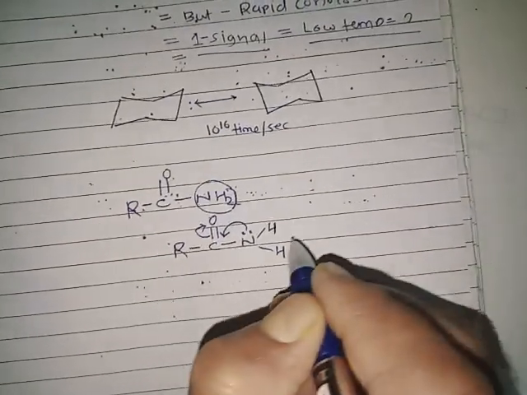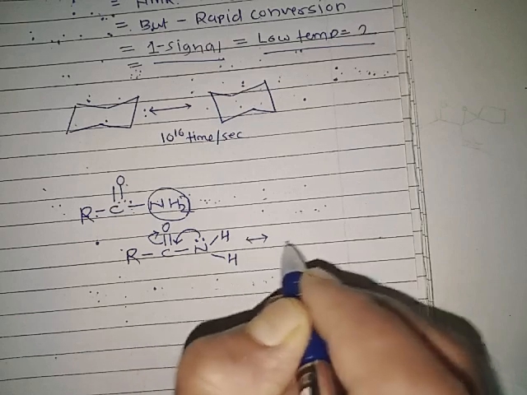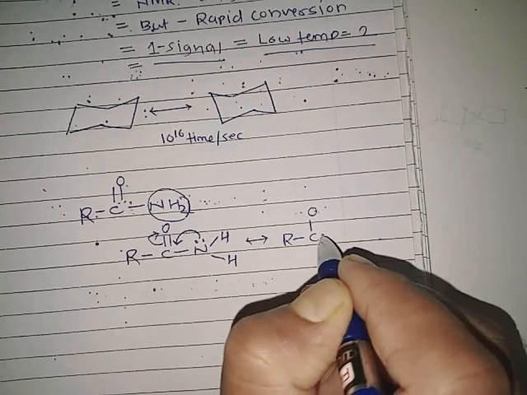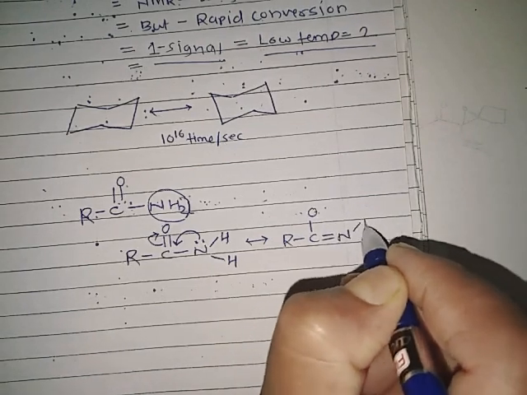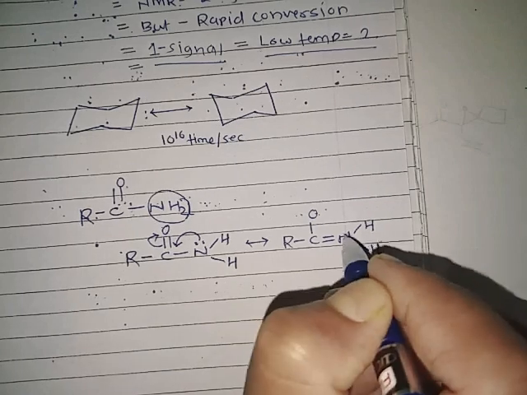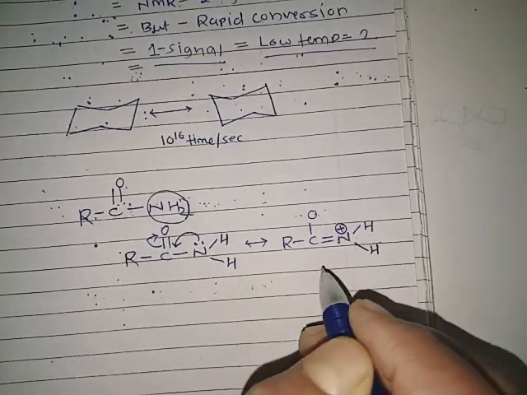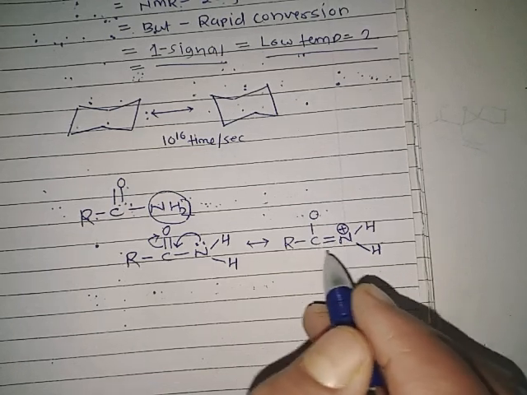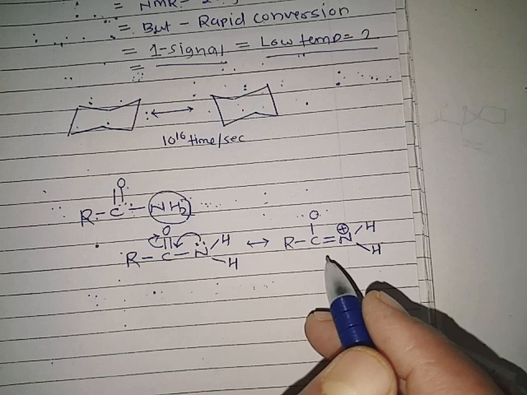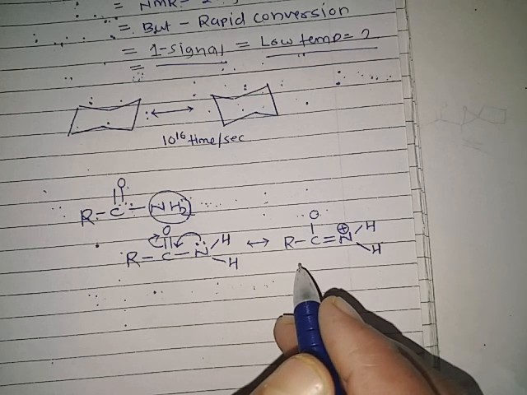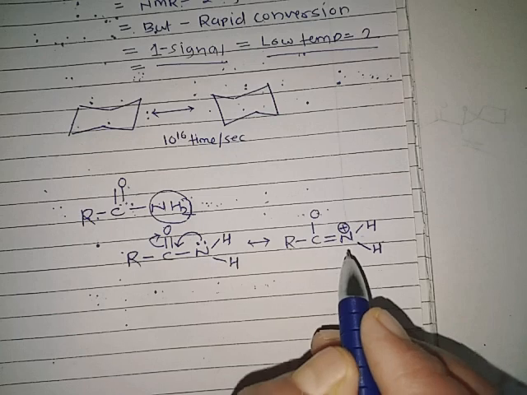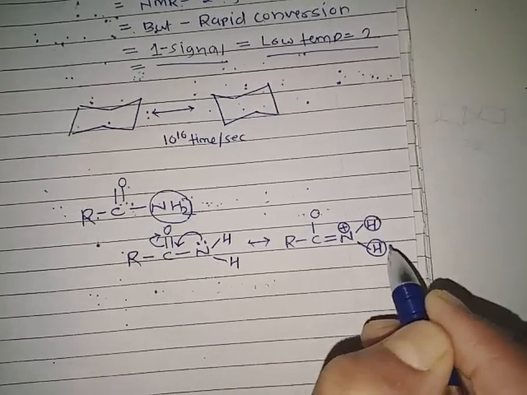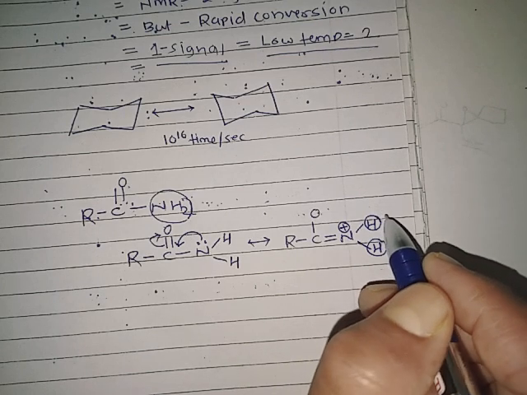As a result, we observe a resonating structure like R-C double bond N-H, and this nitrogen contains a positive charge. Now this structure looks like an alkene, a substituted alkene, and therefore this proton and this proton are of different magnetic environment.